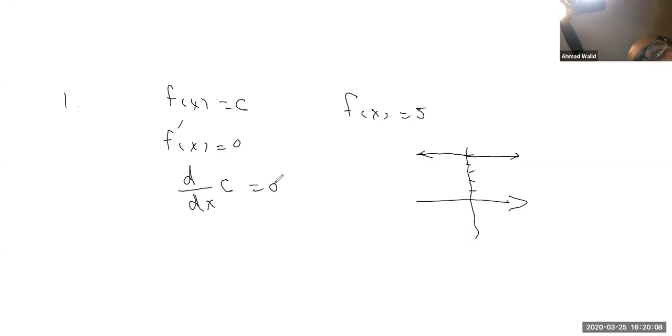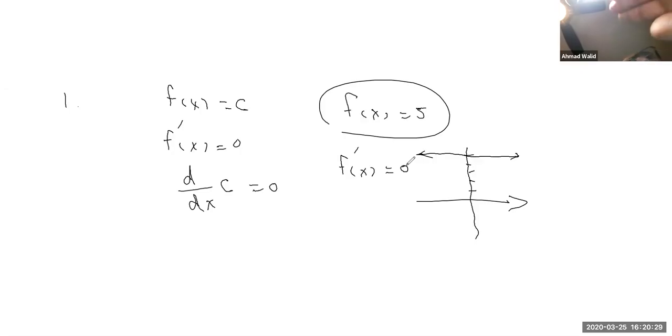For example, if f of x equals 5 and someone asks me what is the derivative, then f prime x is immediately equal to what? 0. This is the first rule about a constant or a number. The derivative of a constant or a number is always 0. Correct?